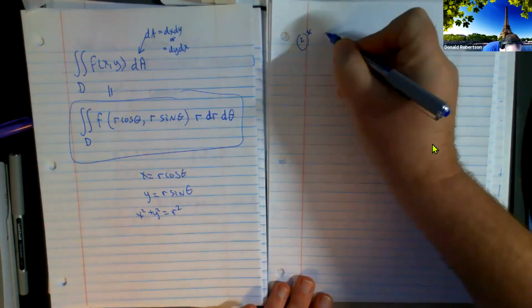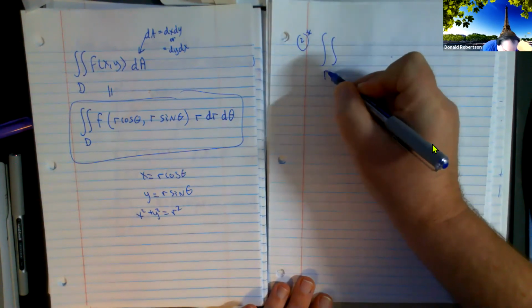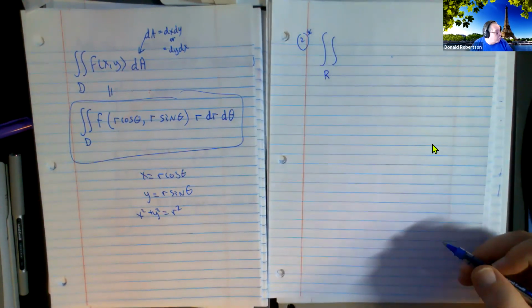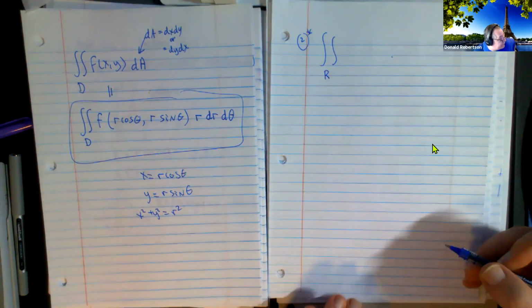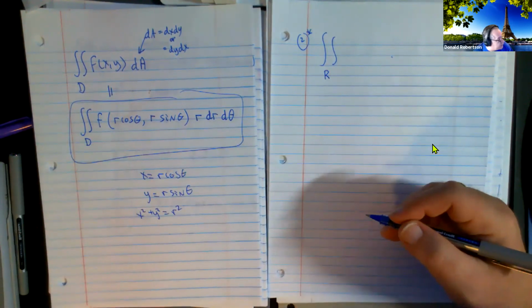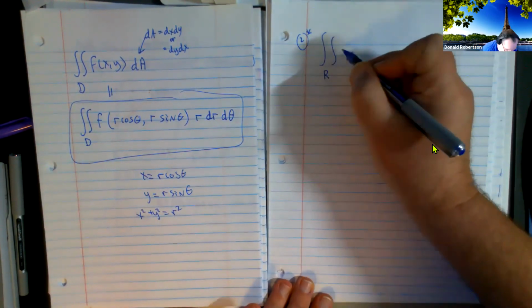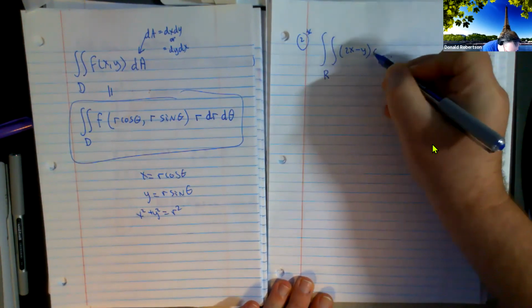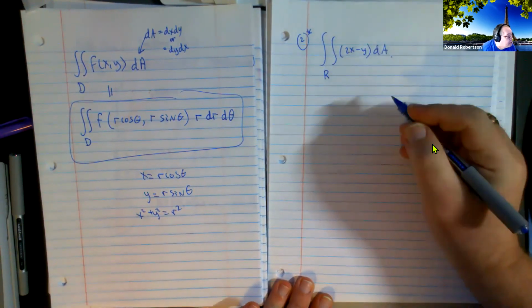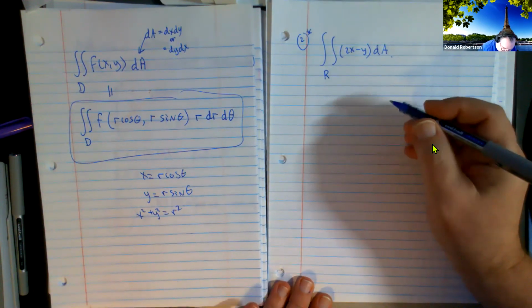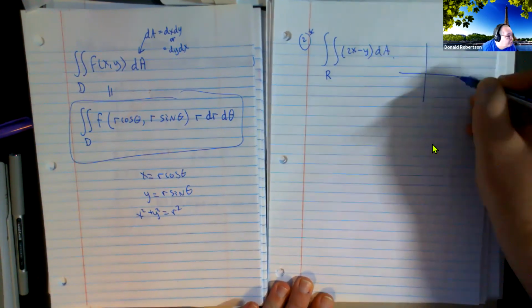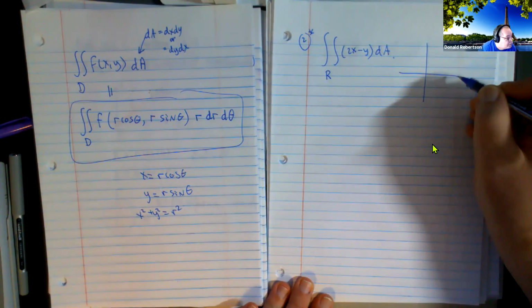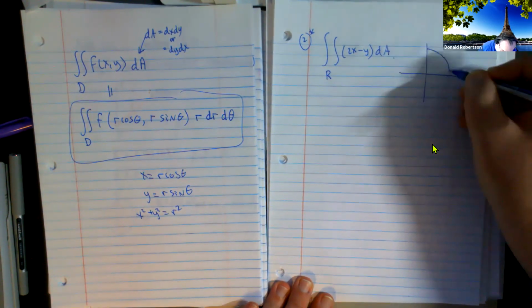We're going to do the double integral over some region R. Why they don't call it D, who knows? It makes no difference whatever you call it. 2x take away y, dA. What we know is that this shape is in the first quadrant and that x squared plus y squared is 16, which is just another way of saying that.